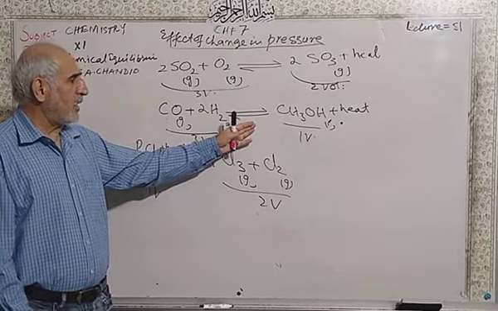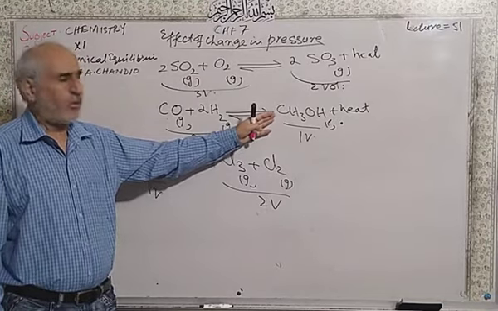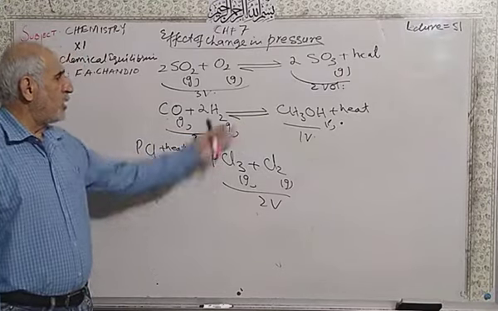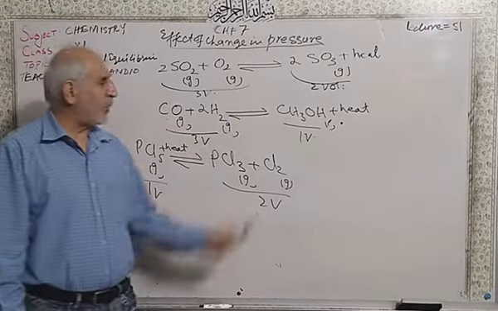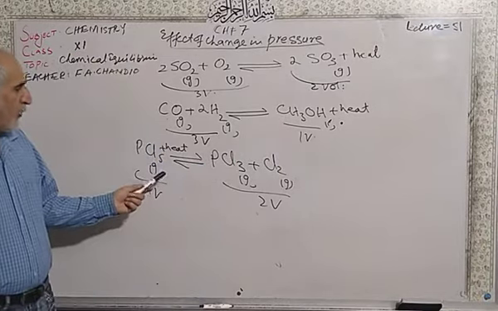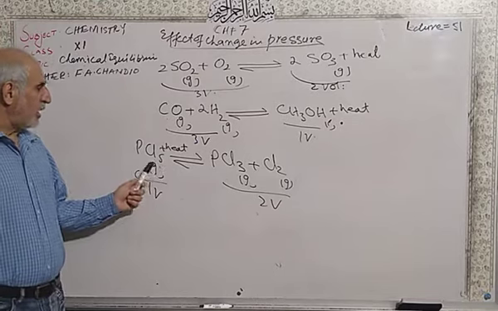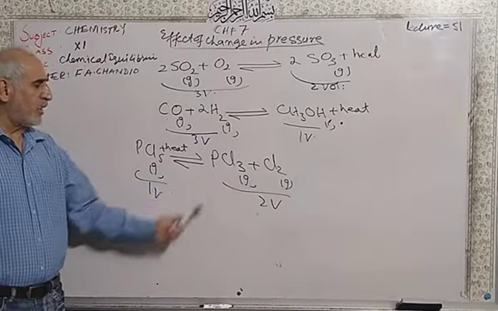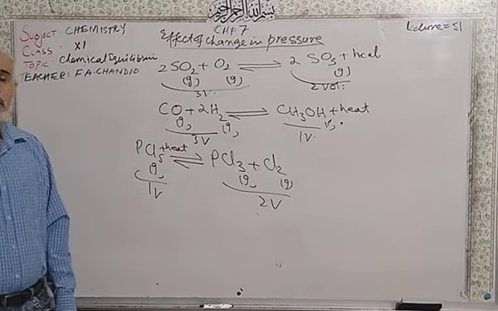Again, you are decreasing the pressure, the methyl alcohol is going to be decomposed to give carbon monoxide and hydrogen. So this is the uneconomical preparation of alcohol or sulfur trioxide gas. Here, if you reduce the pressure, the reaction will move toward the forward direction in this case, because more number of moles are here.